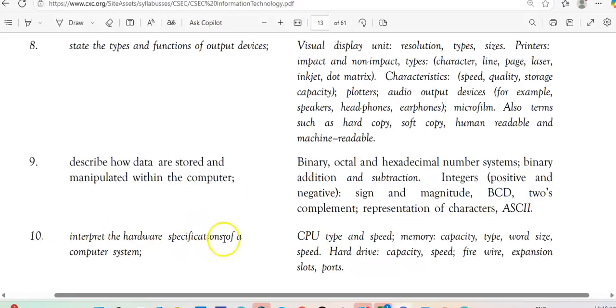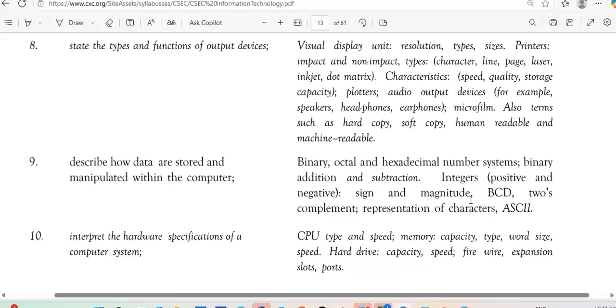All right, let us look at sign and magnitude. This is how data are stored and manipulated within the computer using sign and magnitude. This is a method for representing signed numbers in binary, where the most significant bit indicates the sign, 0 for positive, 1 for negative, and the remaining bits represent the magnitude.